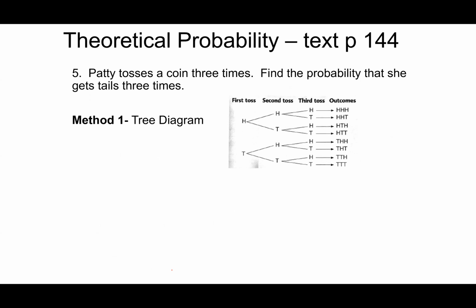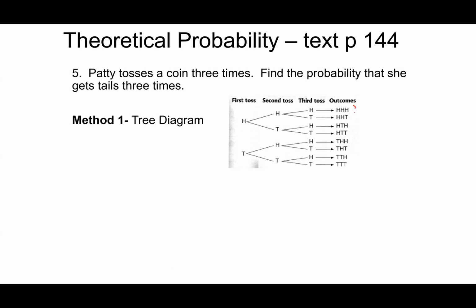All right, Patty tosses a coin 3 times. Find the probability that she gets tails 3 times. Okay, find the probability from the tree diagram. What's the probability that she's going to get tails 3 times? Well, how many outcomes are there, you guys?